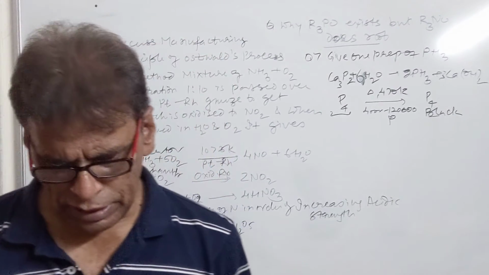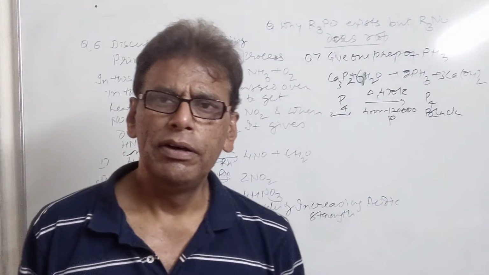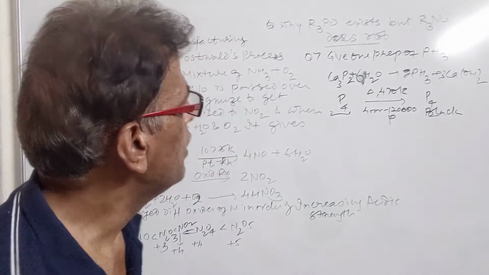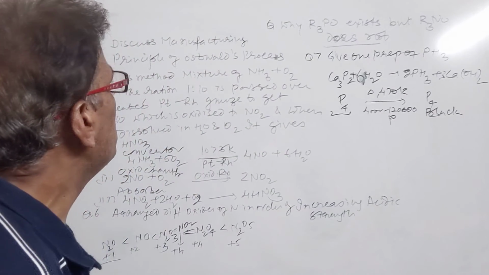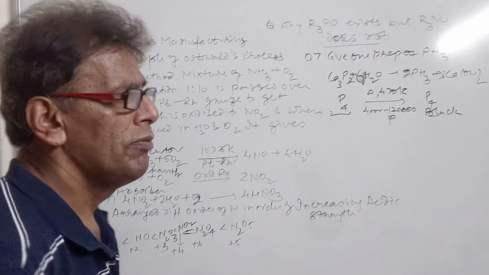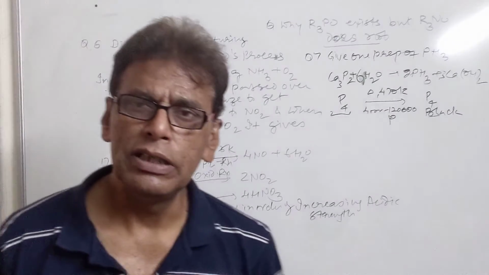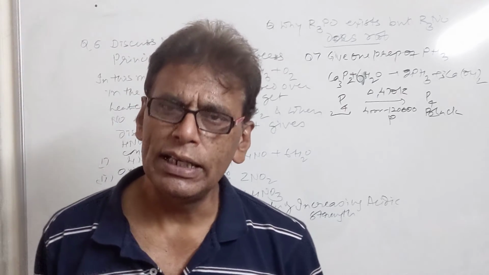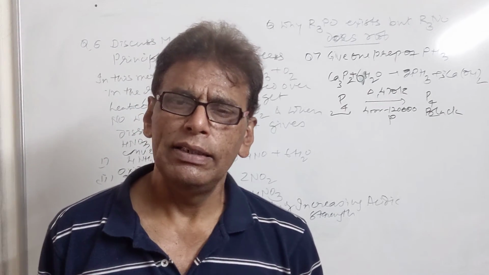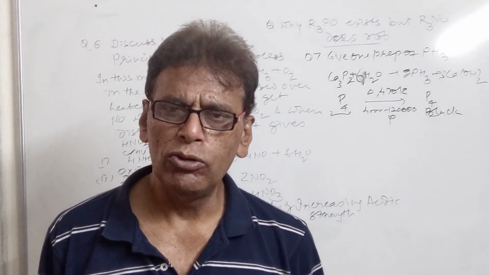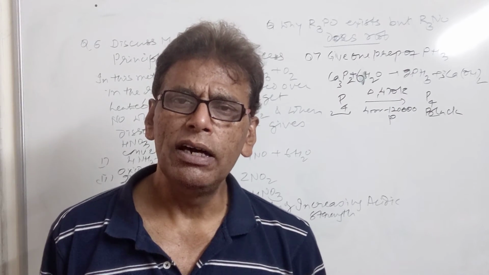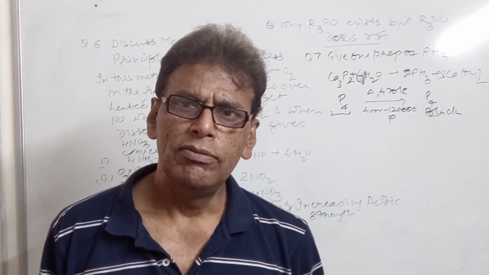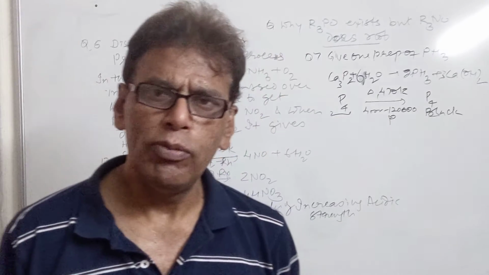So these are the few questions. Then this is all about our nitrogen family. And in the nitrogen family, you have nitric acid, which is a very important component of aqua regia. Aqua regia is a mixture of HNO3 and HCl in the ratio of 1:3, which can dissolve all the noble metals.